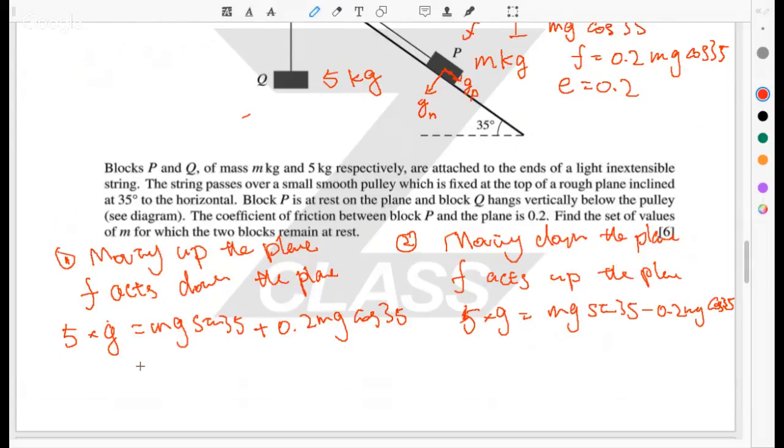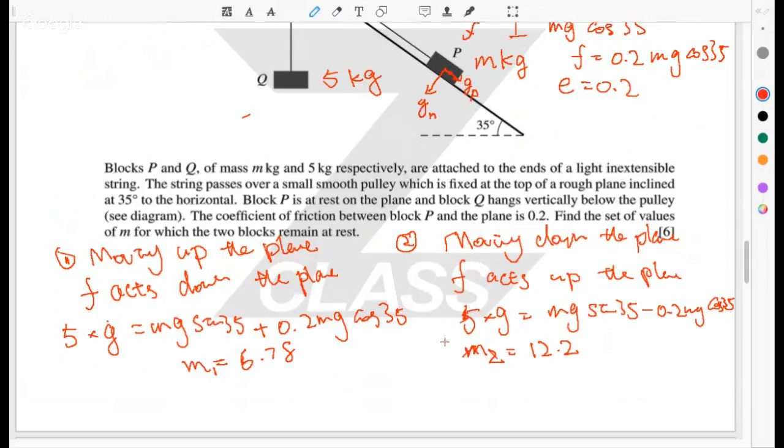And so for these two equations, we'll get the first, let's call it m1, is equal to 6.78, and the second one, m2, is equal to 12.2.